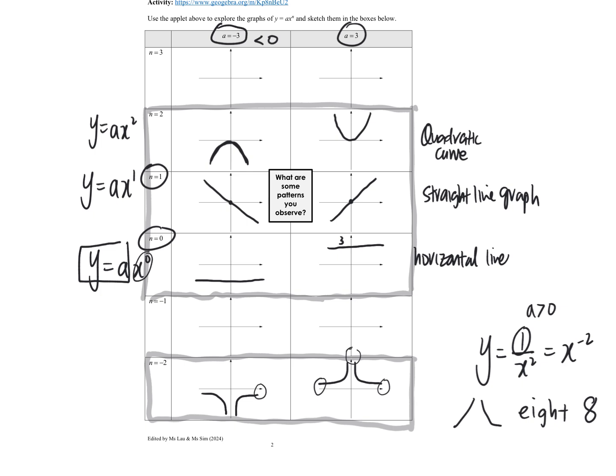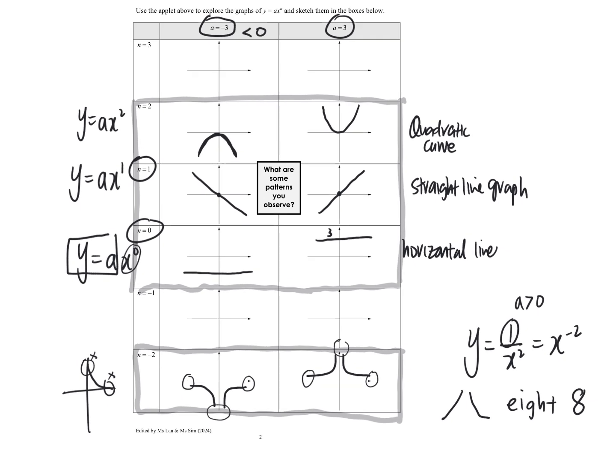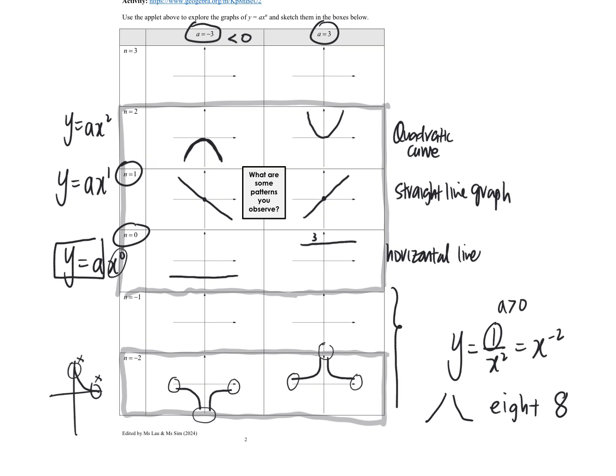All these shouldn't touch the x and the y axis at all. So when you draw, don't draw like that, as if it touched already. Then it's wrong. So these corners cannot touch. Okay, in fact, these 2 graphs are what we call the reciprocal function or reciprocal graph.